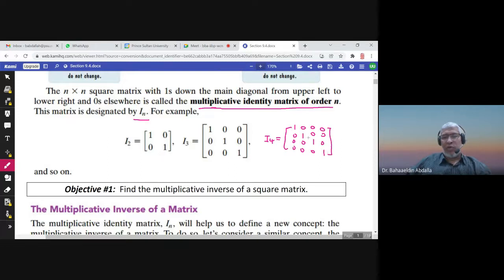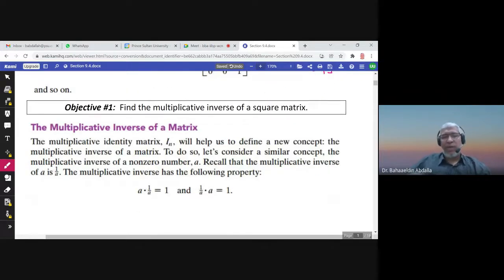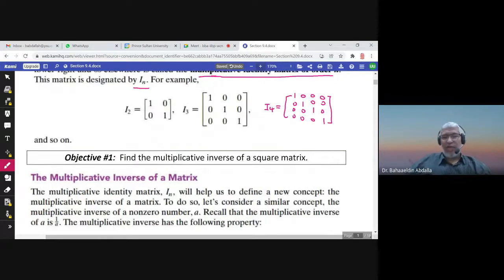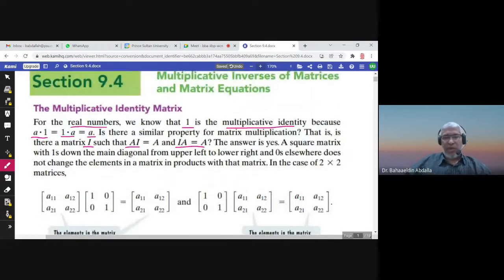So always on the main diagonal you have 1 and all other entries are zeros. This is the multiplicative identity matrix. This is the definition, don't forget: A times I equals A, I times A equals A.